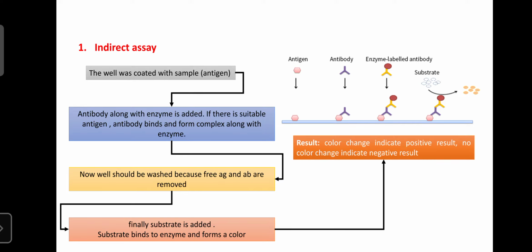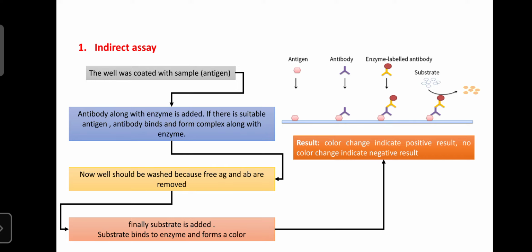The wash is needed to remove the uncomplexed antigen as well as antibodies. Then finally we add the substrate. The substrate is metabolized or catabolized and produces another molecule that can produce color.